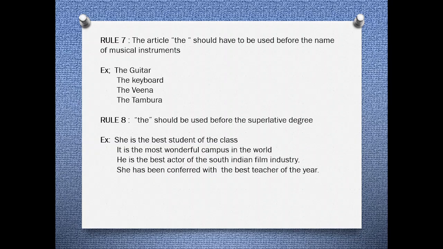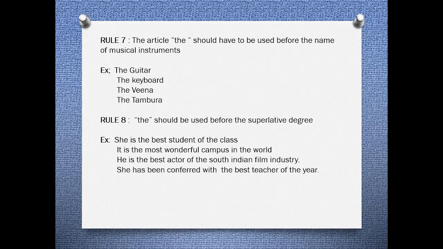So positive, comparative and superlative. She is the best student of the class. Good, better, best. So when you are using the superlative, you will have to use the word the before it. She is the best student. He is the most intelligent of the class.